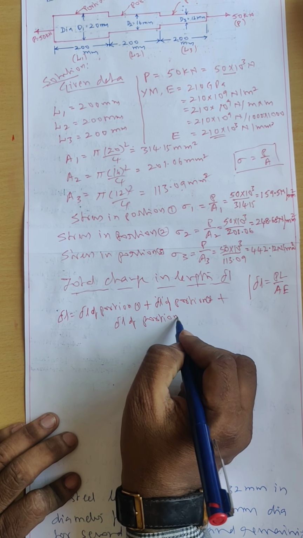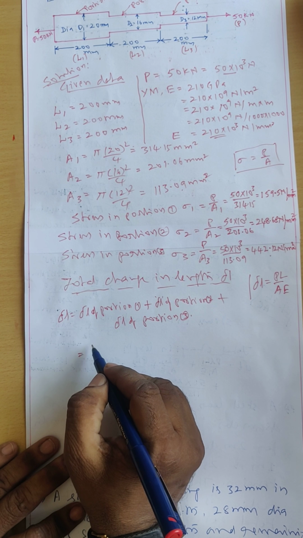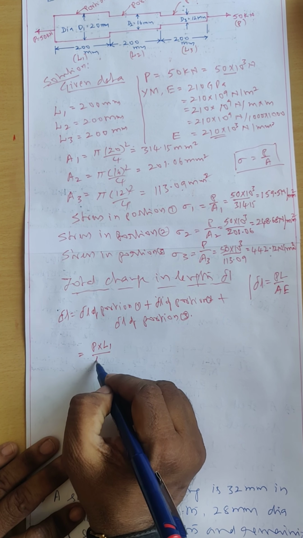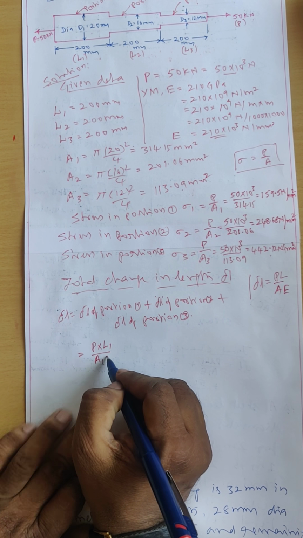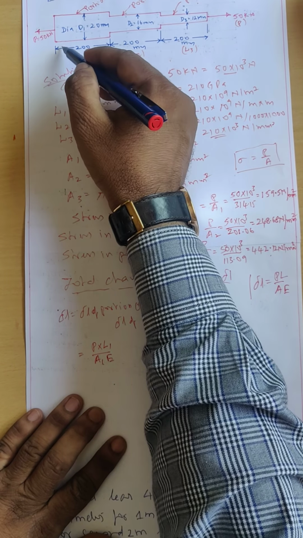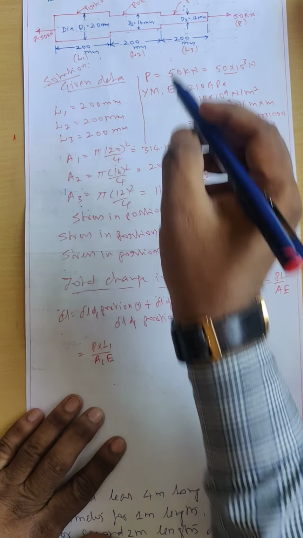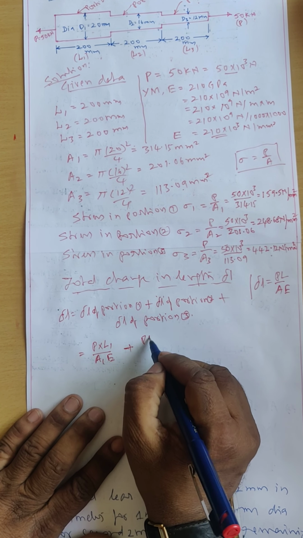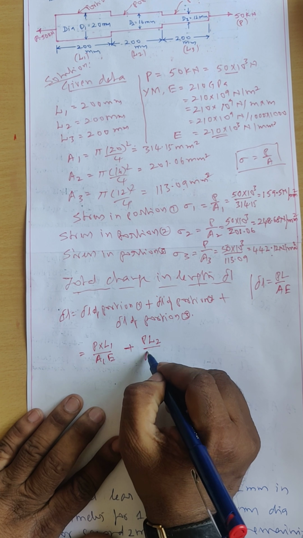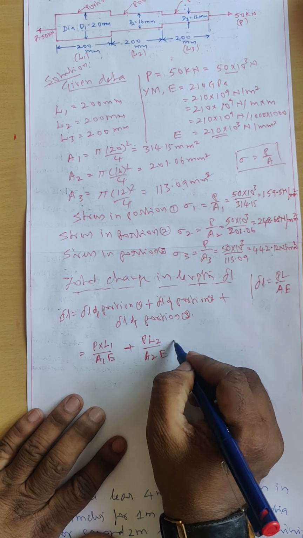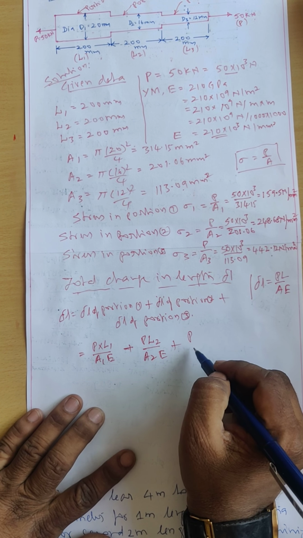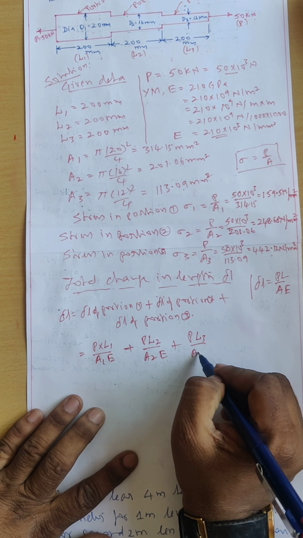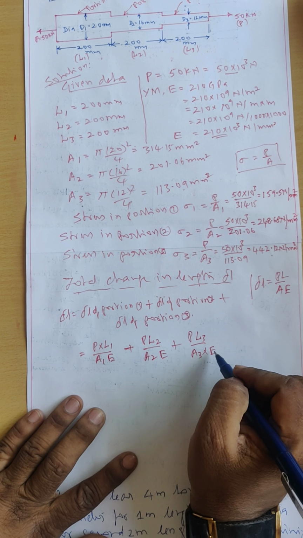Now delta L of portion 1: P is constant, P into L1 by A1 into E, E is constant. Length and area may change. Plus for second portion P into L2 by A2 into E, plus for third portion, because all are in tandem, P into L3 by A3 into E.